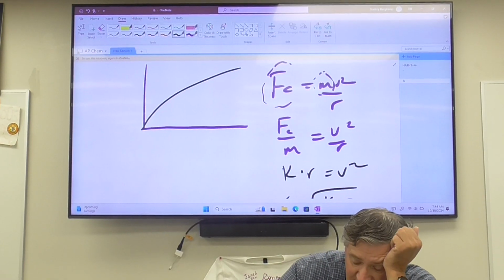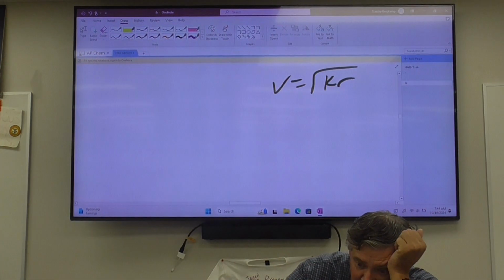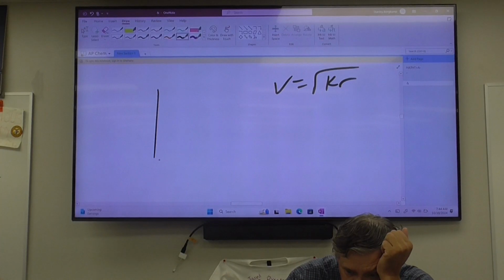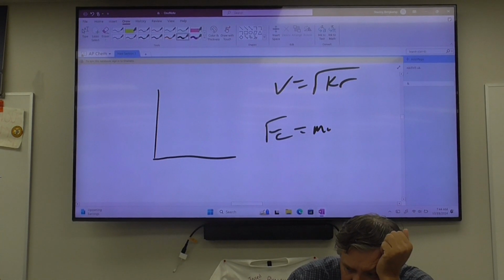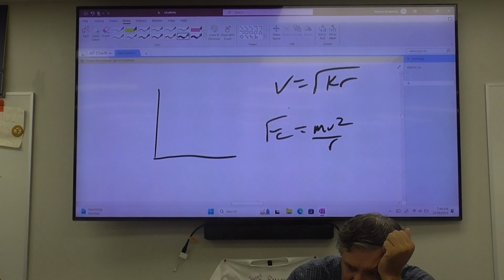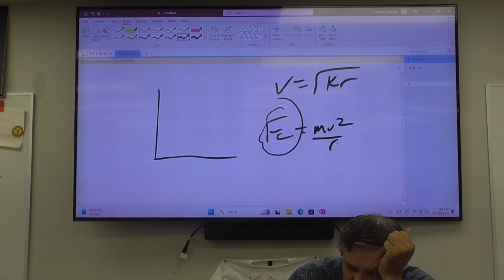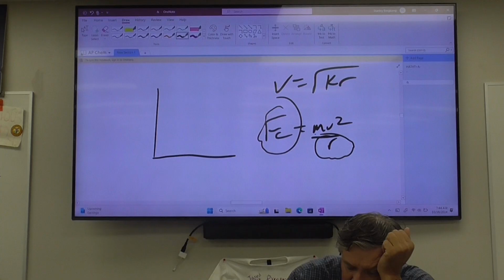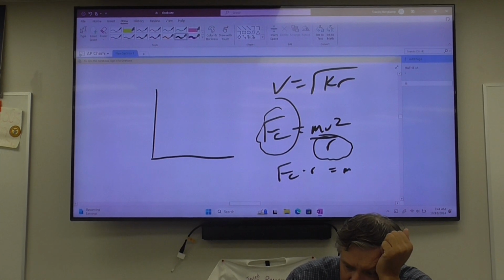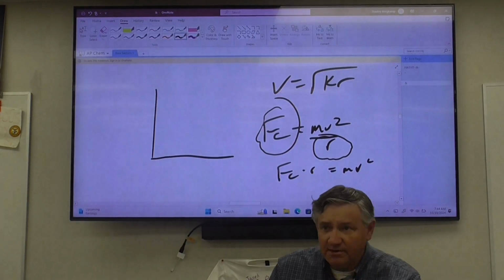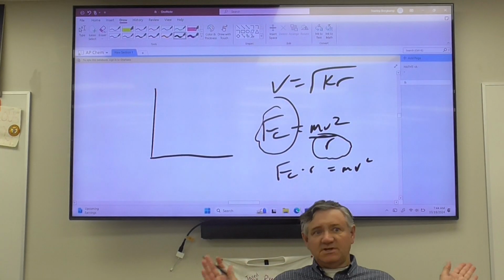The third one, which you all seem to have struggled with, this is the only one that's an inverse relationship. So again, you've got centripetal force the same, you have the radius the same. So you could write that as centripetal force times r equaling mv squared. Okay? That's what you got.